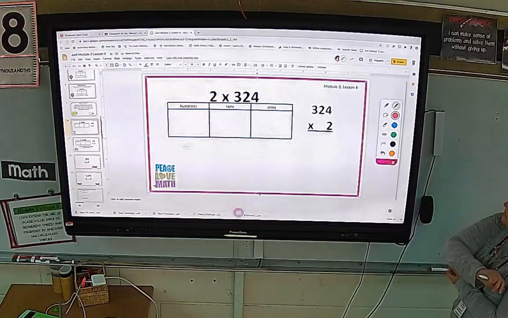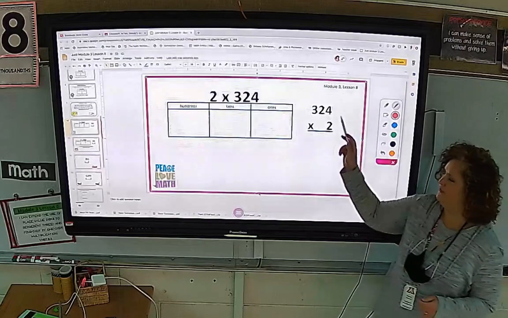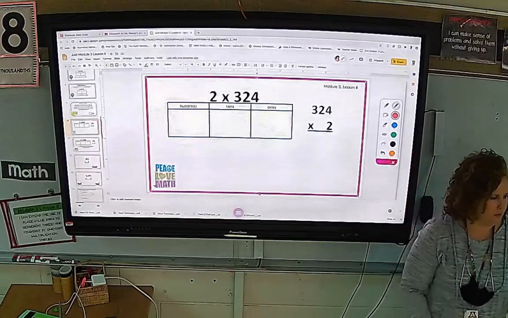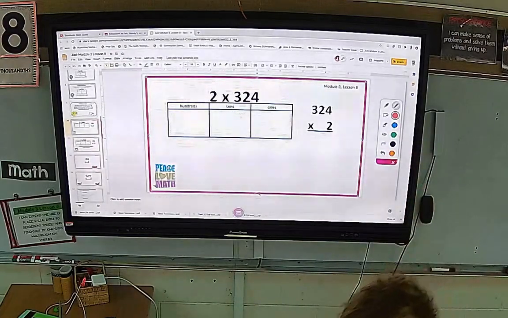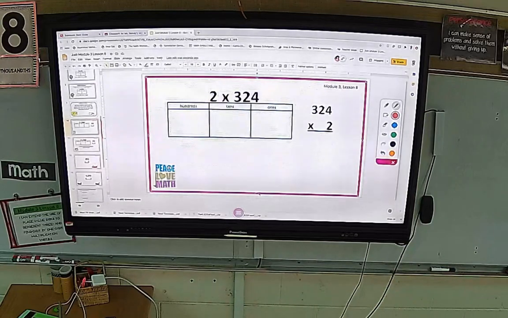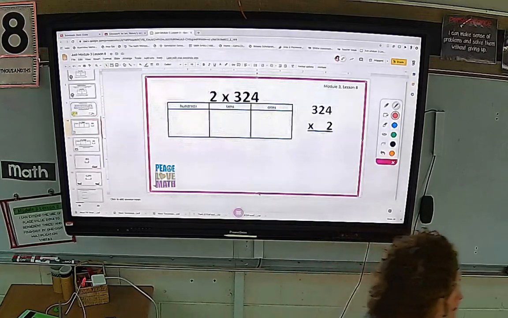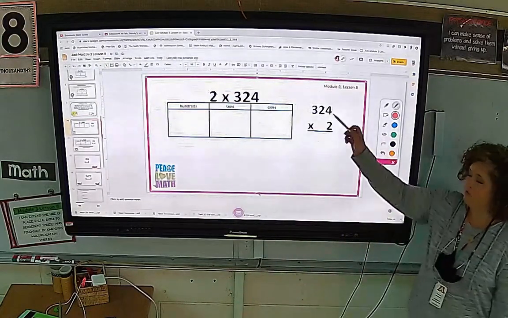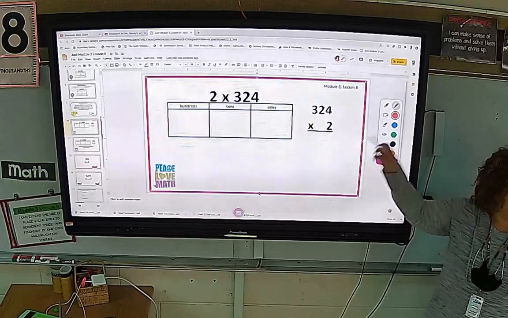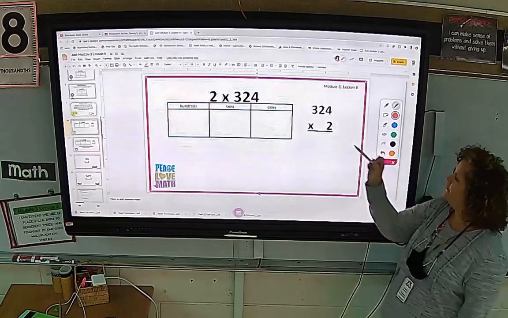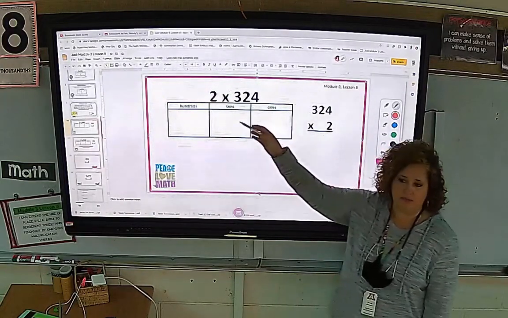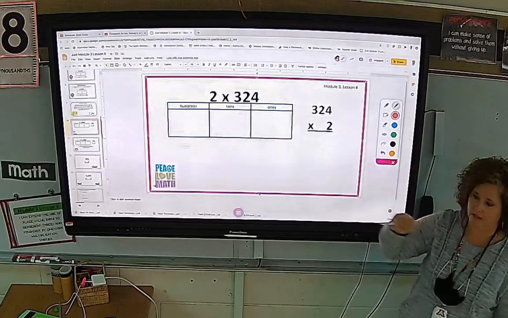So if we had 324 times 2, what do you think would be our very first step? Think about what we did on Thursday with a 2-digit number. So what would we do with this 3-digit number? Reagan, when you put it on the place value chart 2 times. Okay. So we would choose the largest number and put it on there? What is 324 going to look like on our place value chart? Martin, go ahead and help us with that number.